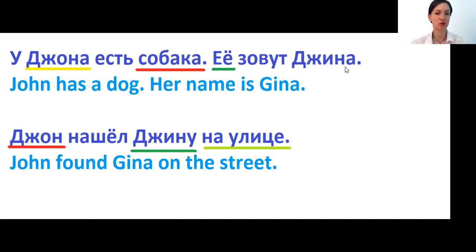It's completely wrong because here we skipped the subject. The subject here is люди, which means people in English. So the full sentence would be люди зовут ее Джина. So ее, as you can see, it's object and it is accusative.